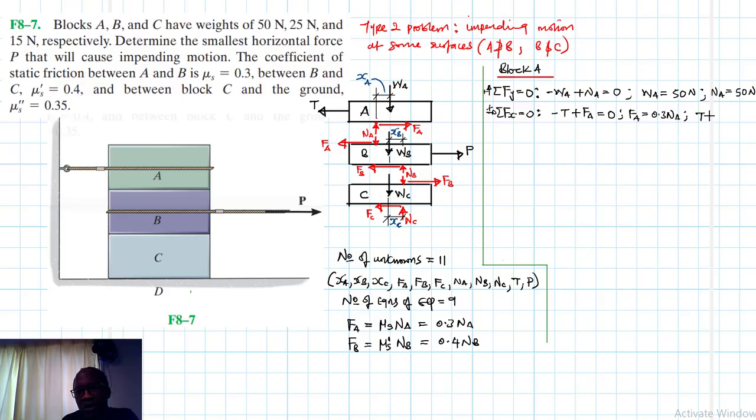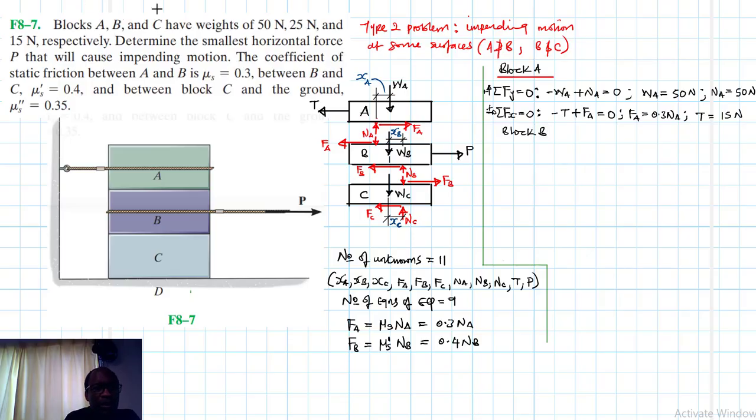Therefore our T is just going to be equal to 0.3 by 50. So we get 15 newtons. Alright, so we are done with block A. Let's go to block B.